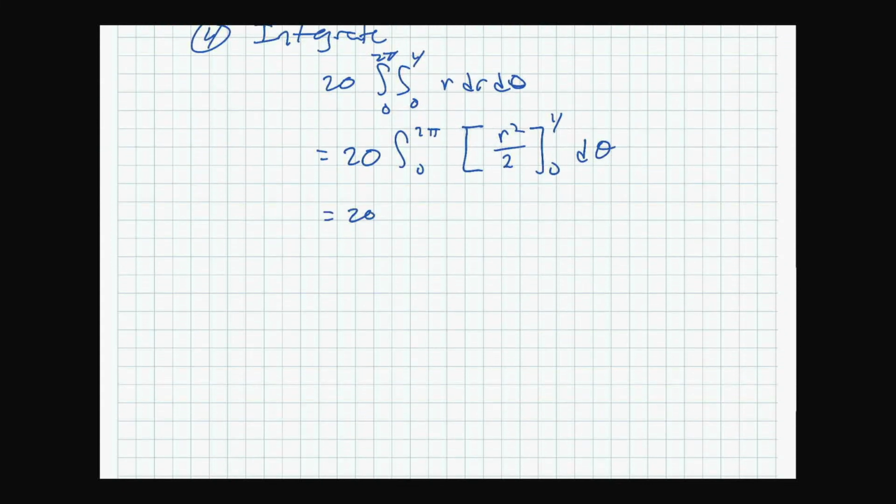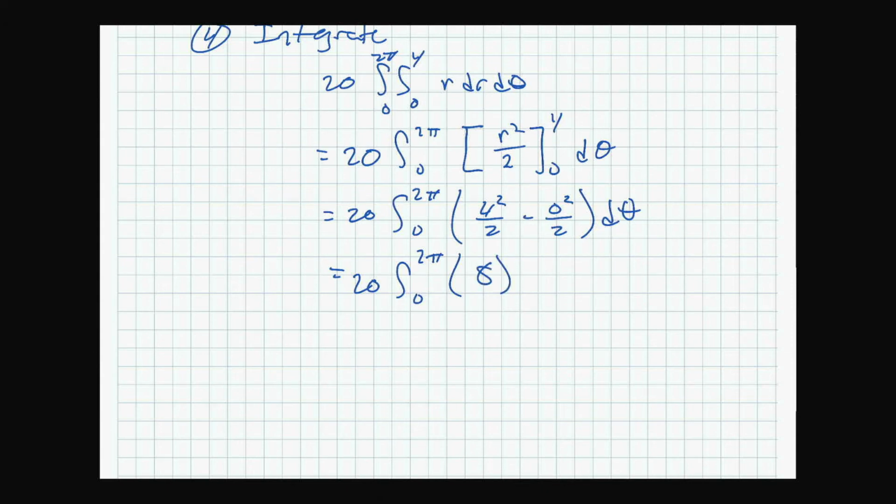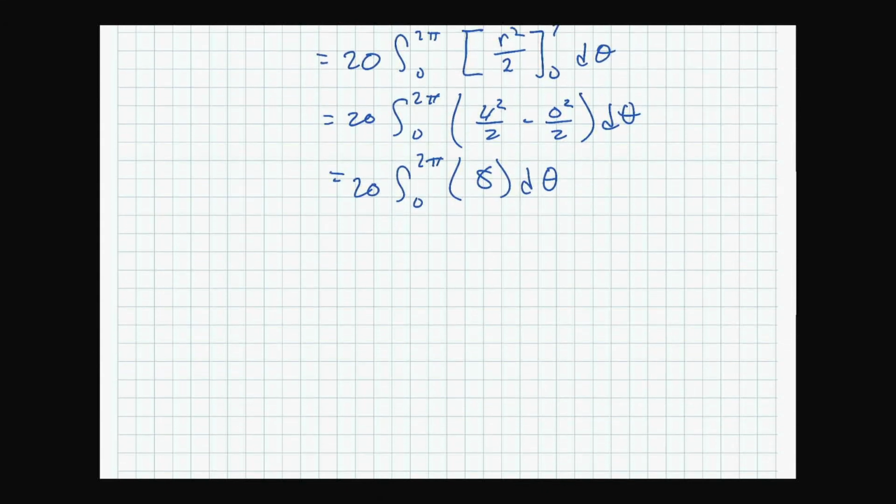Plug in the 4: 4 squared over 2 minus 0 squared over 2, d theta. Work that out. 16 over 2 is 8. So just 8 d theta.